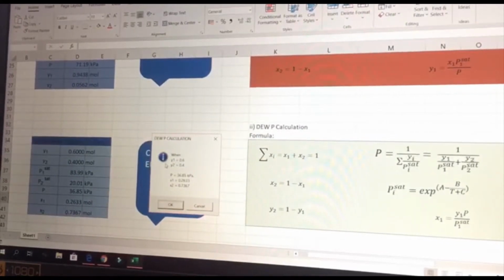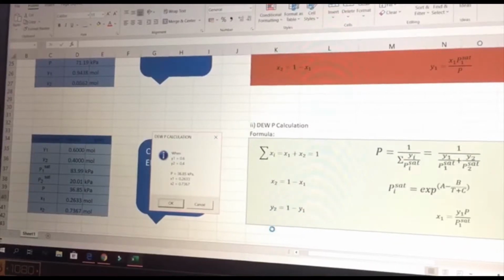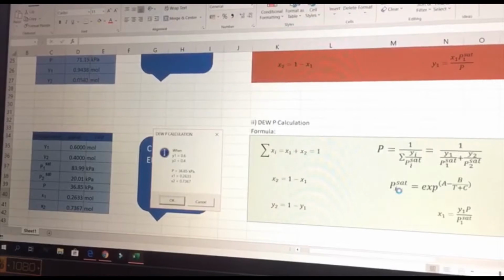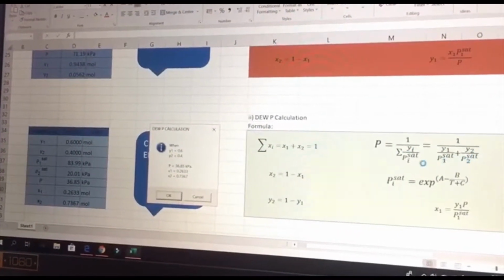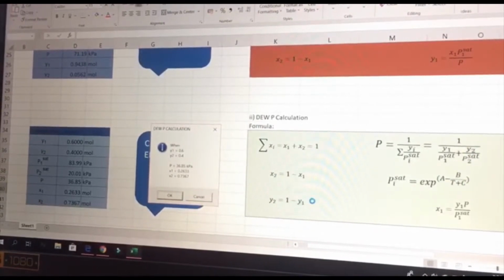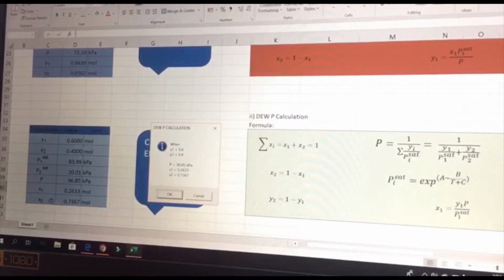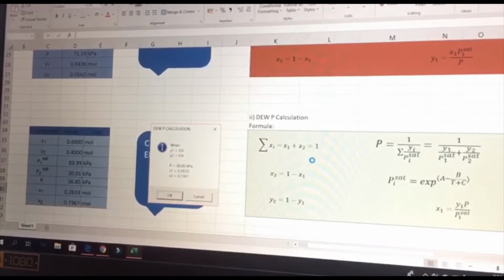To get y2, the equation is y2 equal to 1 minus y1. The pressure of the system comes from 1 over (y1 over P1 set plus y2 over P2 set). x1 we get from x1 equal to y1 P over P1 set, and x2 equal to 1 minus x1.